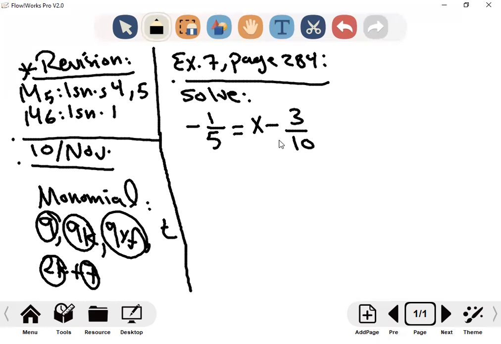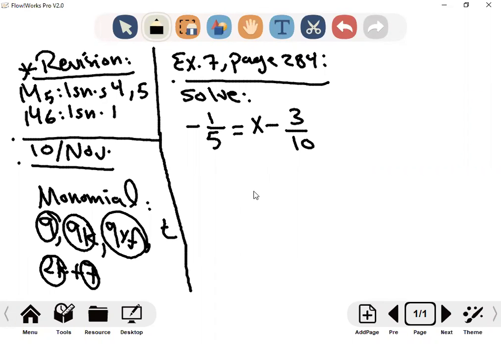The connected number. And we said we shift the connected number to the other side always, to leave the variable alone, right? So here -3/10, I will shift it here. It will be what, Muhammad? It will be positive 3/10. Exactly.